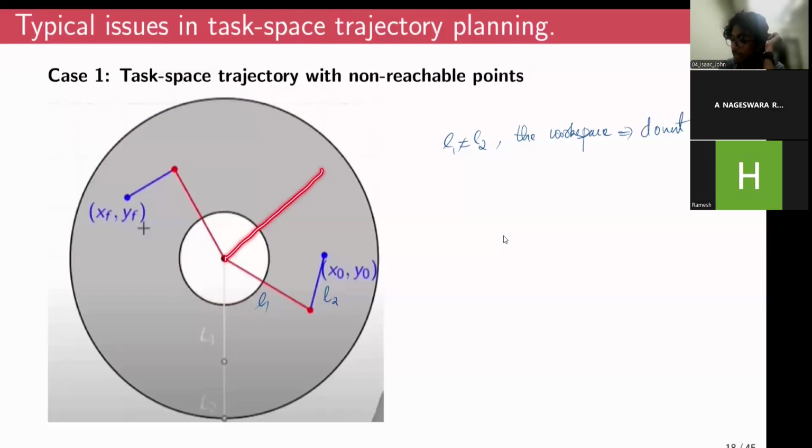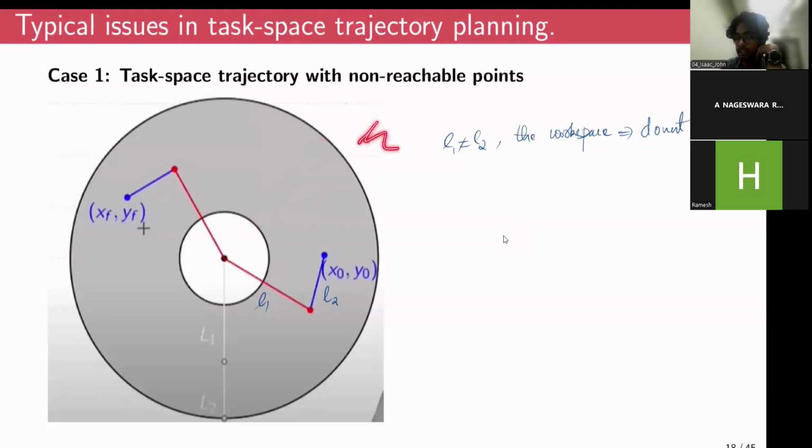So the first link would be L1 like this, and the second link would be somewhere around here, L2. Because of the length difference, this is the innermost point the robotic arm can reach when it is fully folded. So the workspace now is between these two boundaries.